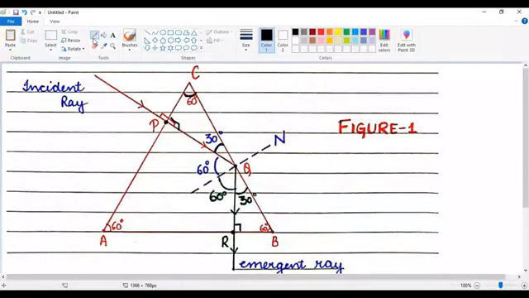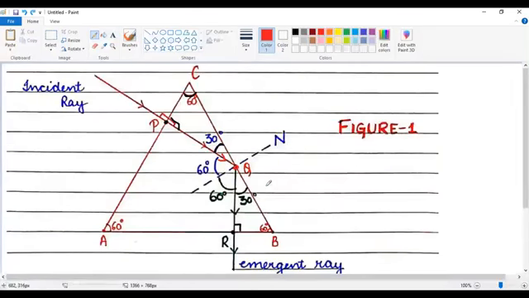Now see what happens at point Q. At point Q, the ray is coming from the denser medium and has to go to the rarer medium.